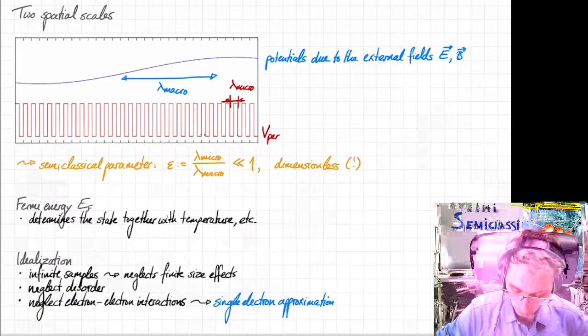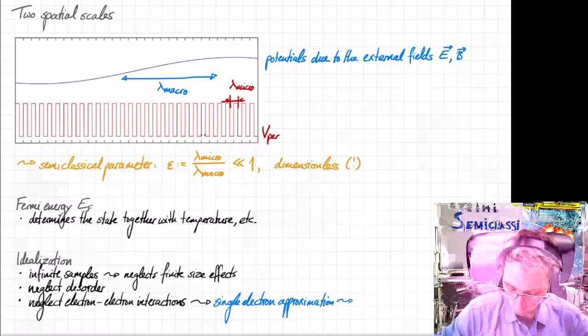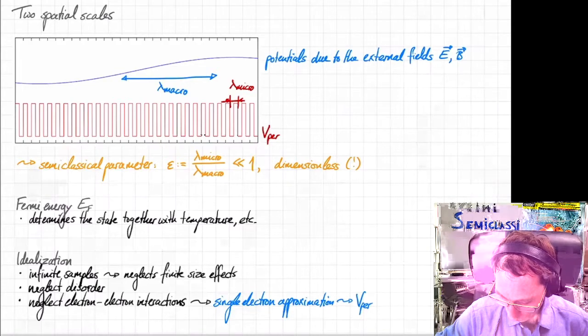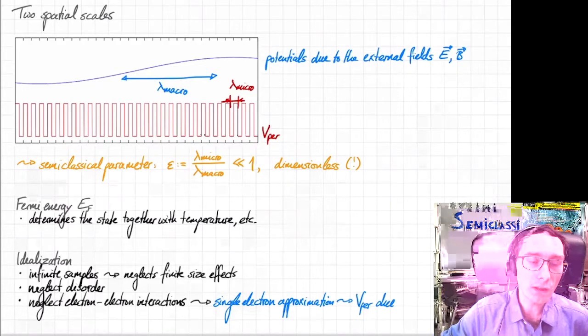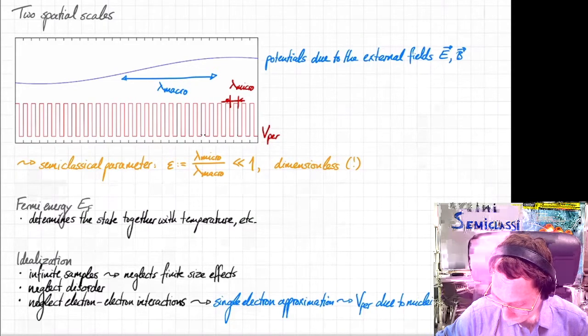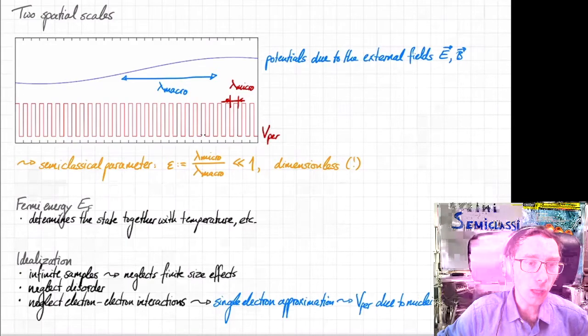That means that the periodic potential is not just due to the nuclei, but also due to all other electrons.